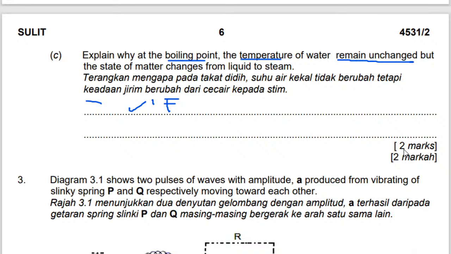Since we have 2 marks here, that is only 1 mark. The second mark. Heat absorbed used to overcome force of attraction. Same. Okay, Jason, your answer is the same as Aurora's. Heat absorbed used to break bond between water particles, change from liquid to gas. Okay, that is one mark.